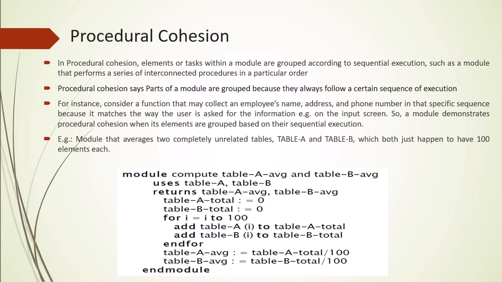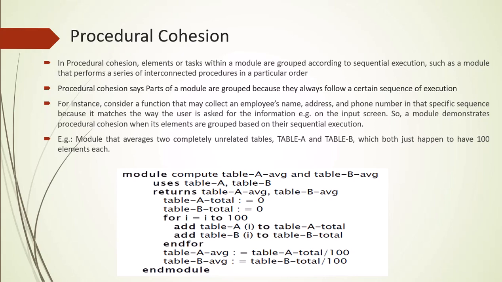Another example is a module that averages two completely unrelated tables. Execution of a particular task and activity is based on two different tables. Let's say table A and table B, which both just happen to have 100 elements each.